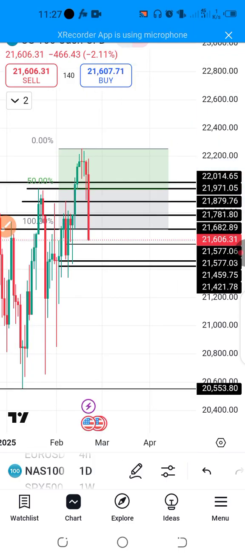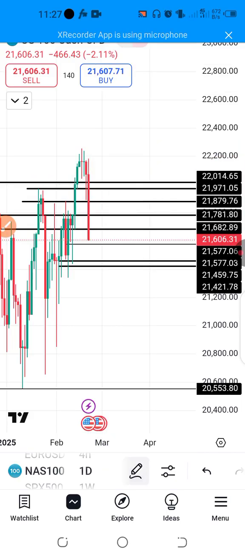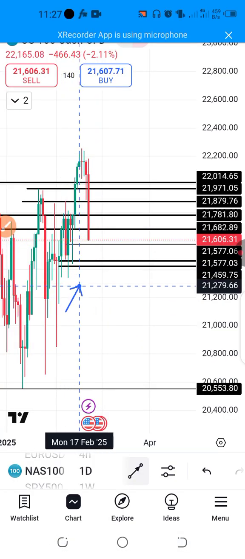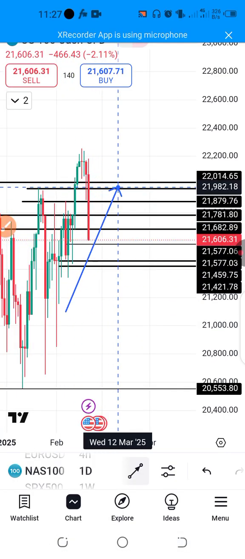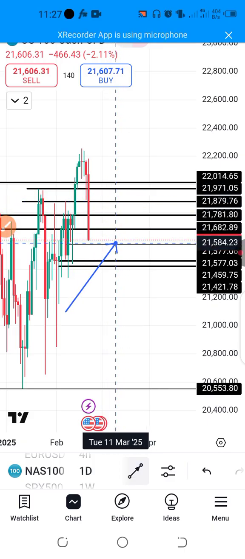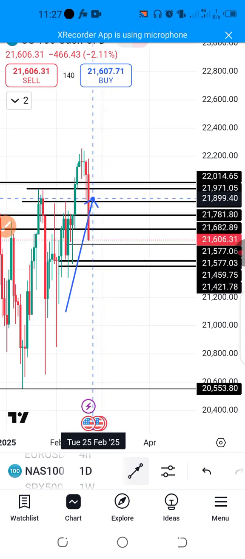Yeah, so it's just in line with my second line. So the highest it can go is this line. So you can hit this line and reject to the downside. This is what I'm just anticipating.